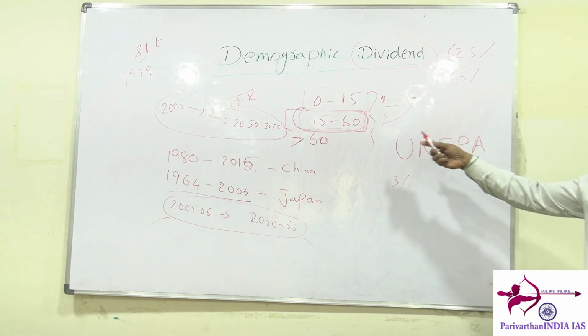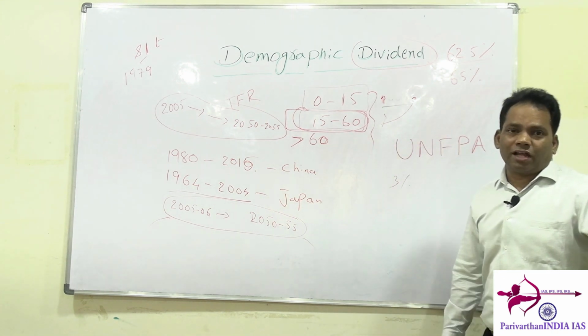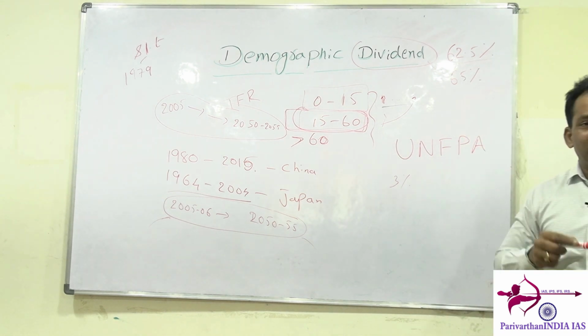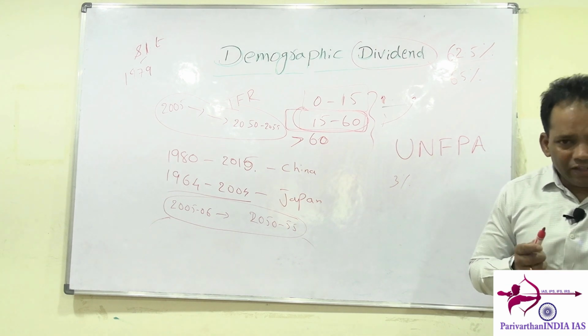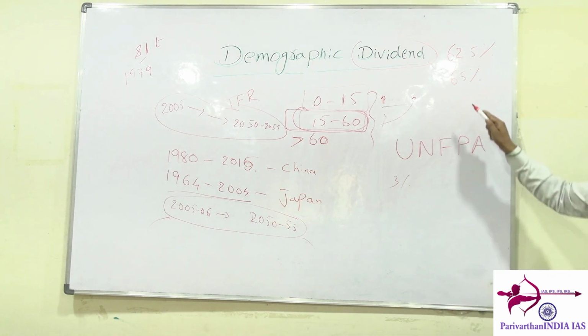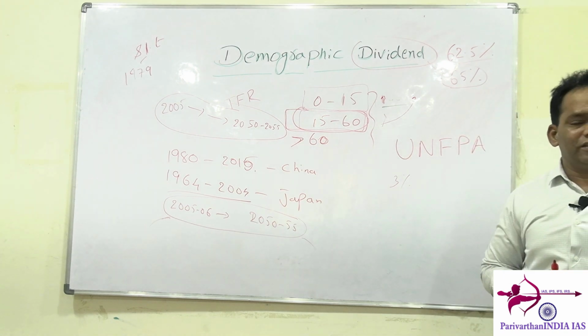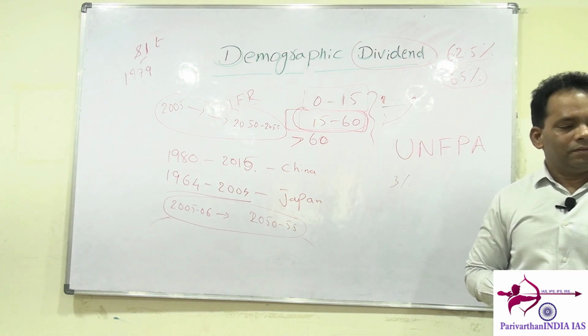The 15 to 60 years working population is 62.5% now. It will gradually increase and reach a peak of 65% between 2035 and 2041.